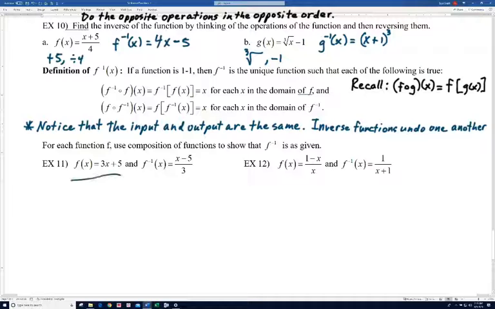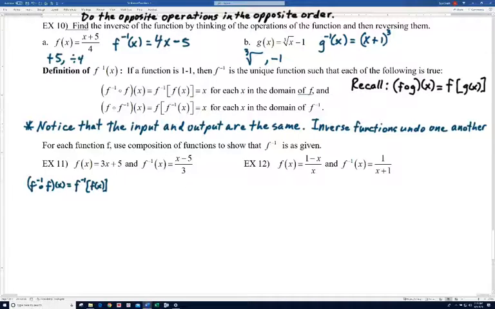So if you actually used the 4 steps here, you could get this answer a lot faster. But that's not what they're asking for here. They want us to demonstrate that when you compose the two functions together in both orders, you get the same output as you started with, which in this case would be x. So let's go ahead and do that.